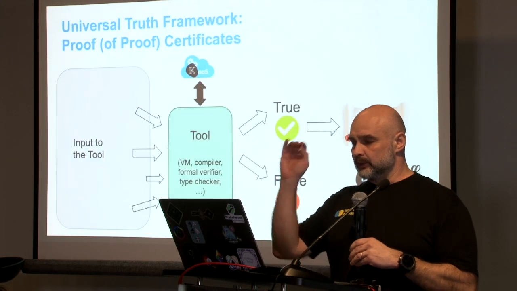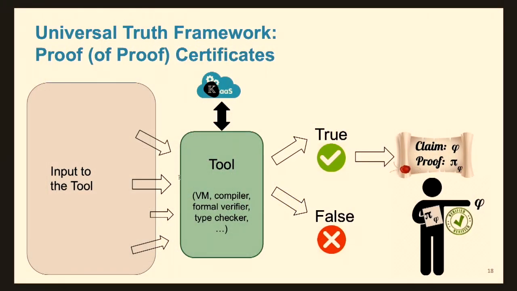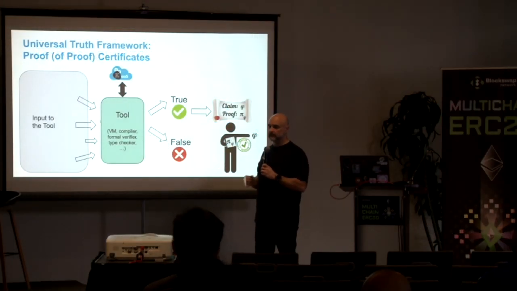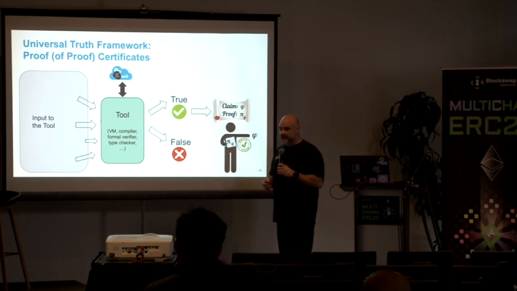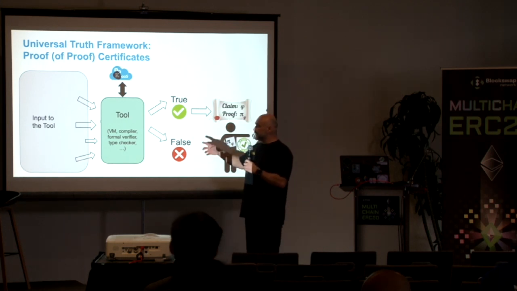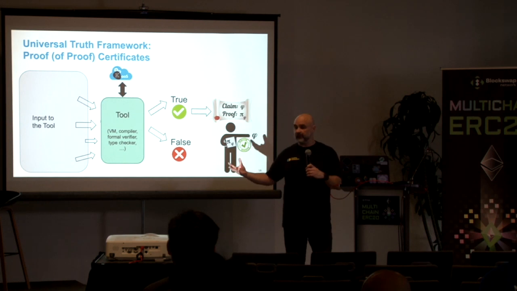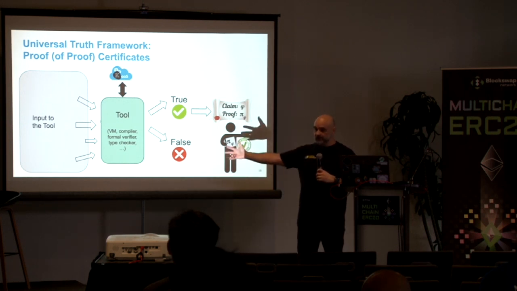All right, so let me wrap up. What we are proposing here as a universal truth framework is a framework in which you have tools, generated or provided or built using the K infrastructure, that take input from users or from the blockchain. For example, the definition of Ethereum, of EVM, should be on the blockchain somewhere. The fact that it is not is crazy.